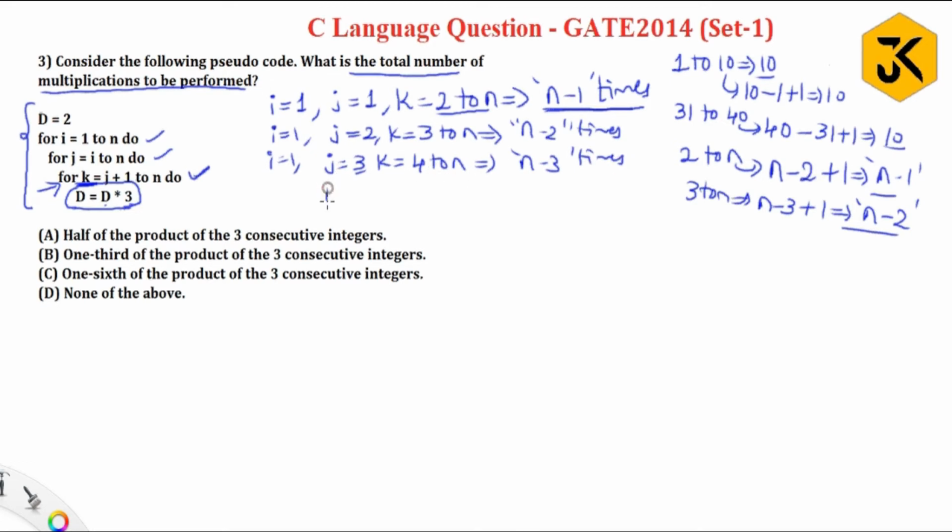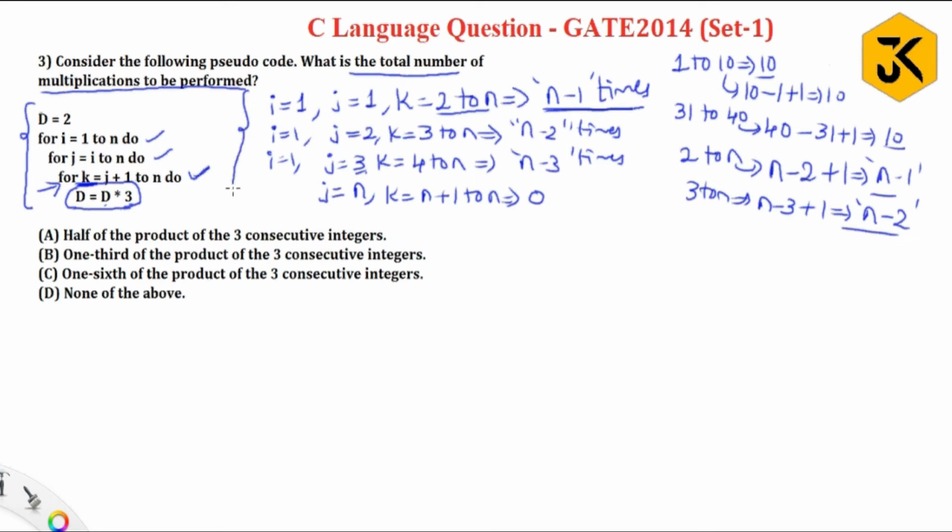If you go on doing this, j will finally be n, and k will go from n plus 1 to n. The condition will fail, which means 0 times.